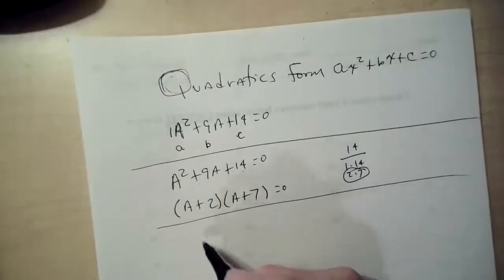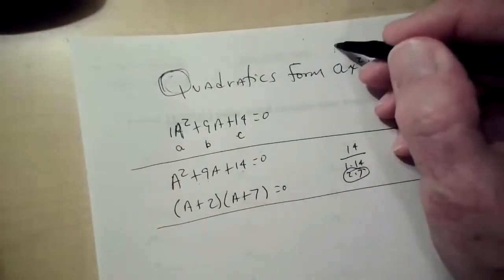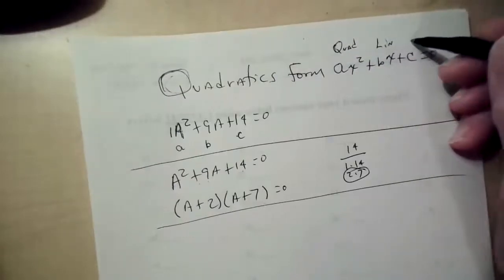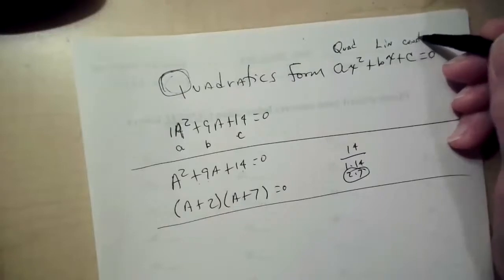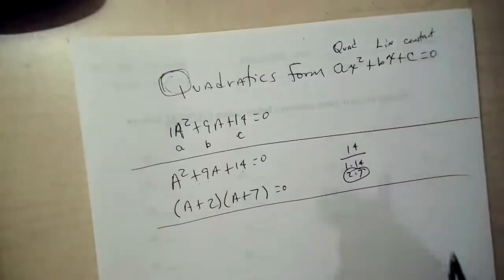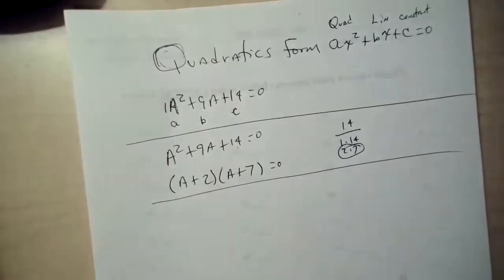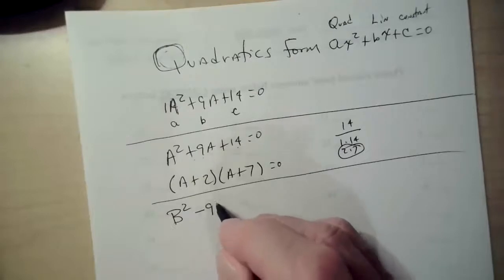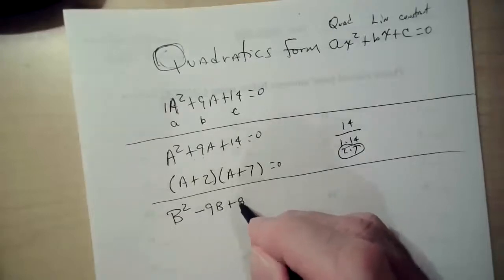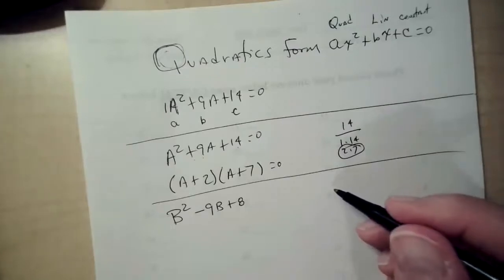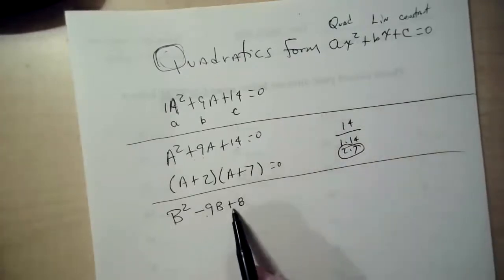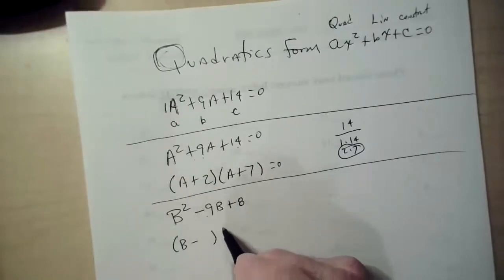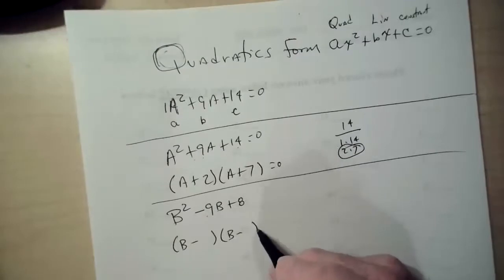This is the quadratic term, this is the linear term, and this is the constant. Now, if the linear term is negative, b squared minus 9b plus 8, because the linear term is negative and the constant is positive, it's going to be b minus something and b minus something.